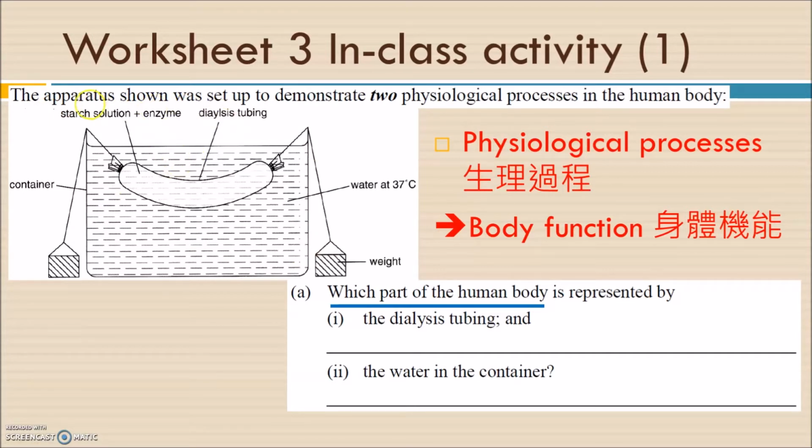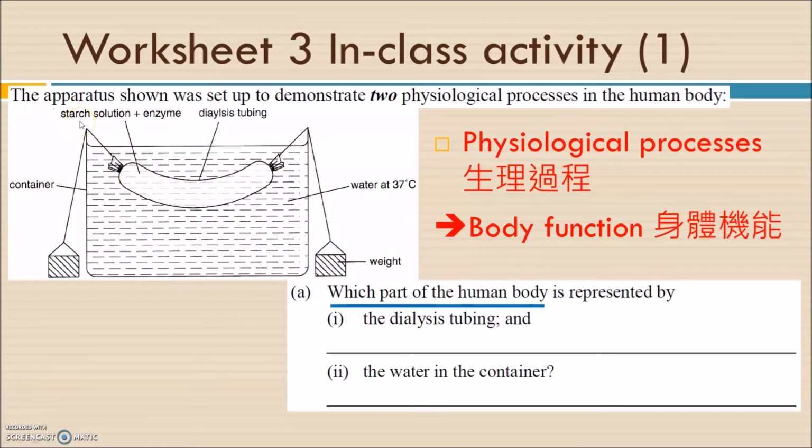What we can see is the Visking tubing. Remember the characteristic of the Visking tubing is that the wall is selectively permeable. That's why it can let something go out or in, depending on maybe the size, maybe the nature. In the Visking tubing we have the starch and also the enzyme.